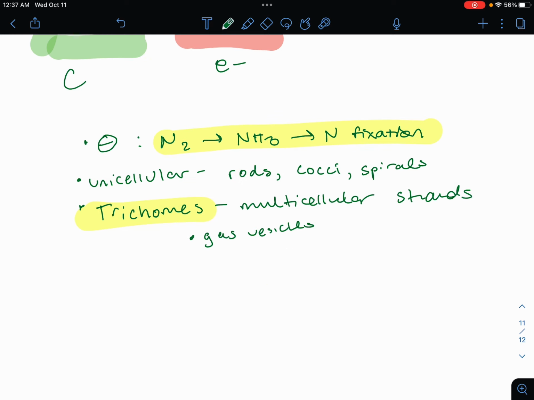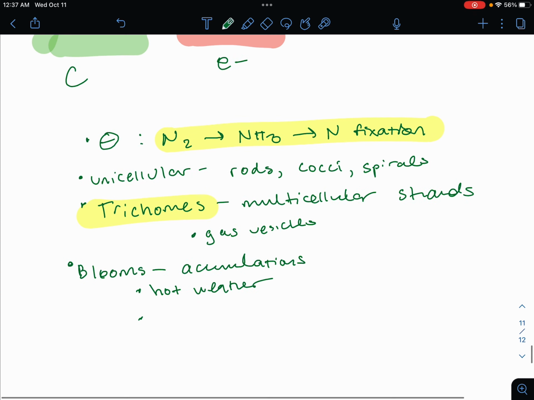We have blooms of these cyanobacteria, and these are large accumulations. These are caused by hot weather, and the heat will actually lyse cells to create something called scum on the surface of a pond.